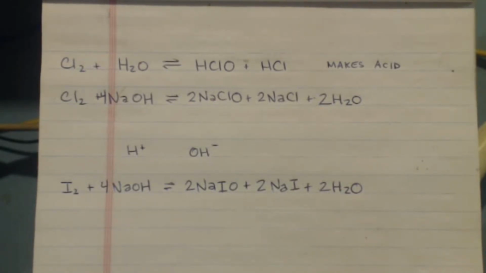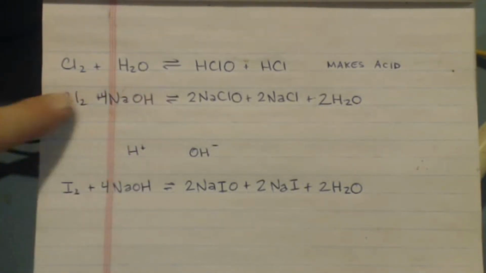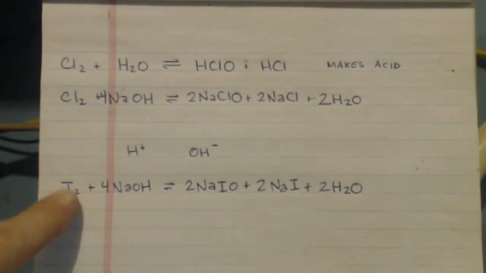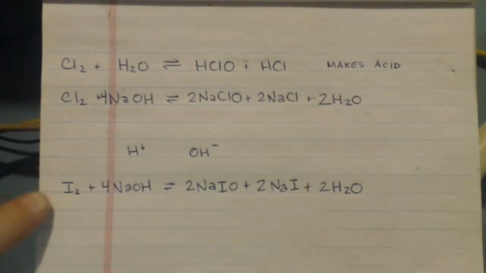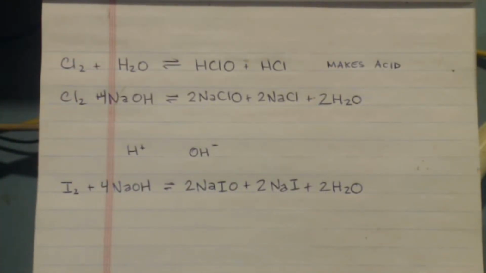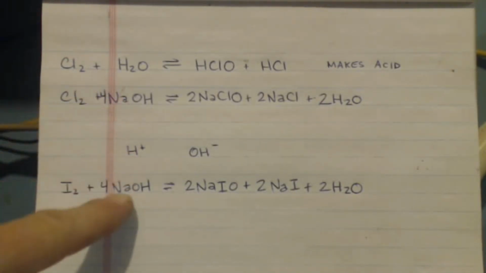Now in the next video, I'm going to make some sodium hypoiodite, which would be basically bleach, but instead of using chlorine, we're using iodine, right? I'm going to do the same thing as this second reaction here. Iodine and chlorine are the same thing, right? They're both halogens having 7 electrons in their valence shell.